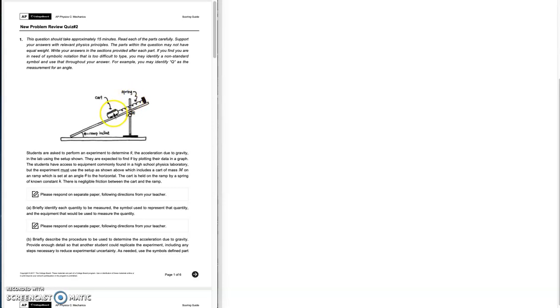Now, this is very similar to an experiment that you did in honors physics with Mr. Miller, in which you had a ramp with an angle and a cart.